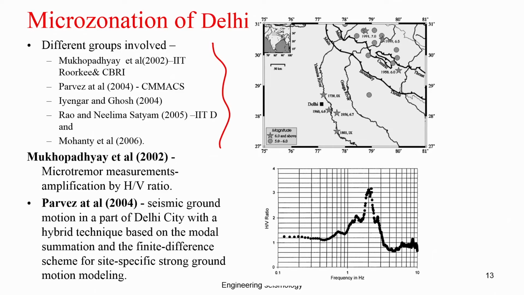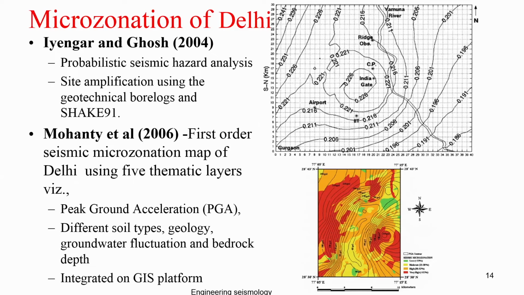Here Mohanty carried out microtremor H/V ratio studies, Parvez carried out a hazard analysis and tried to get a spectrum based on past earthquake data, and Iyengar and Ghosh did a PSHA analysis and gave a PGA distribution at bedrock.